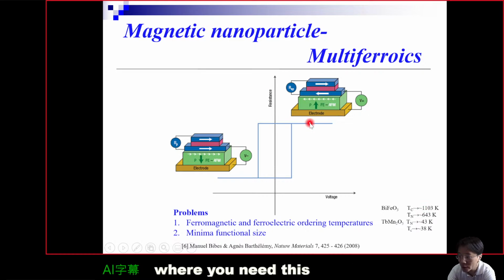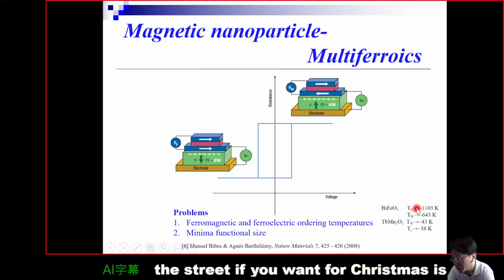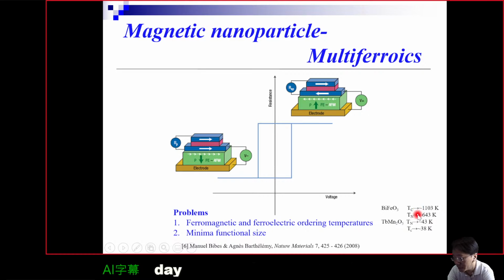This is the way that the industry does it. But if you want to further increase the recording density, its ordering temperature will fall below 300 K, which means there is a size limit. So the second issue is that the minimum functional size is very important.